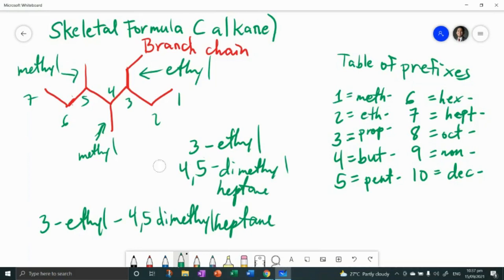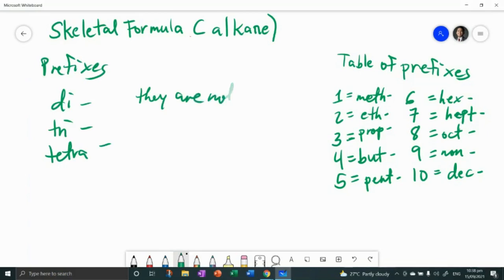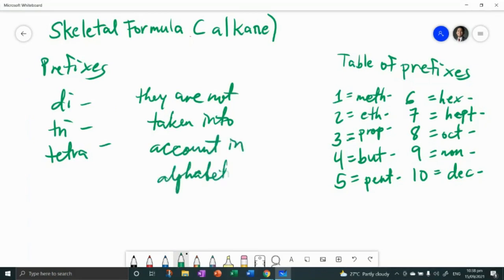So, suddenly, those prefixes like di, tri, and tetra, no? They are not taken into account in alphabeticity. Correct me if I am wrong regarding din sa mismong term na alphabeticity.